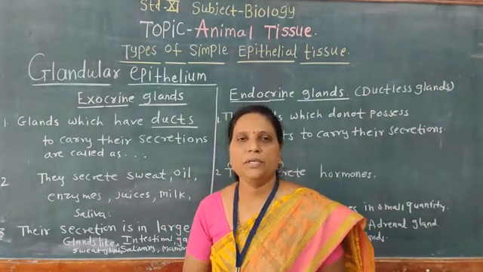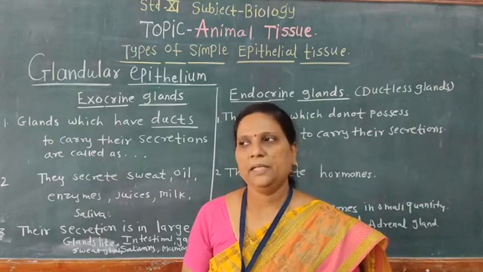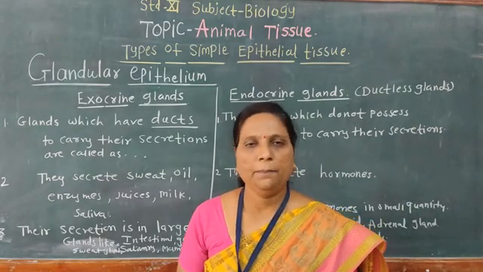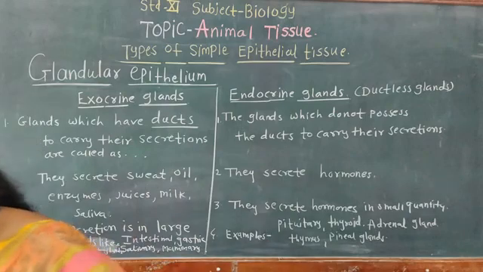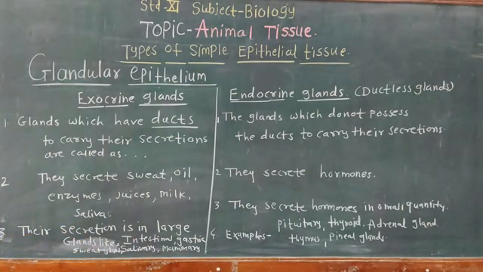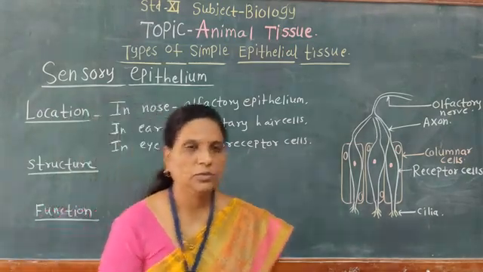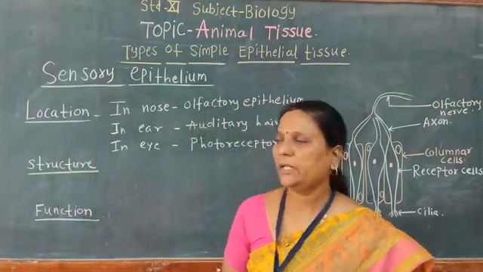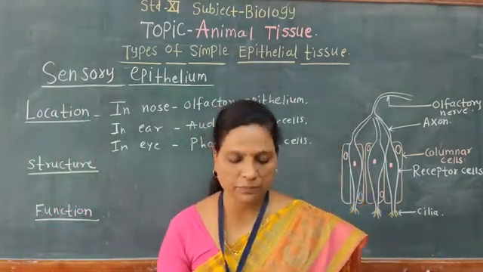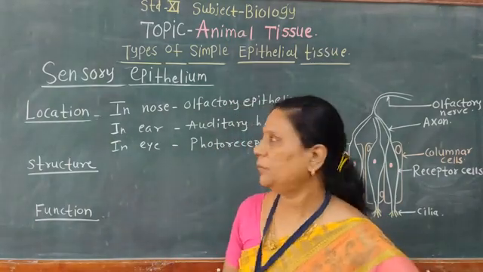Next we are going to study about the sensory epithelium, which is again the modified epithelium. Students, now we will study the next type of modified epithelium, that is the sensory epithelium.